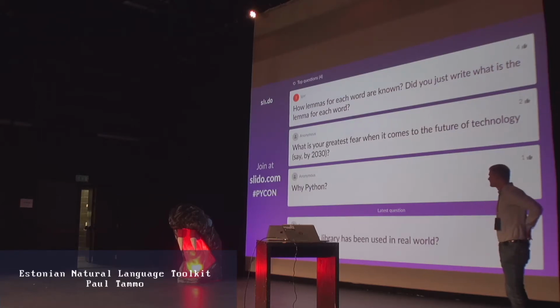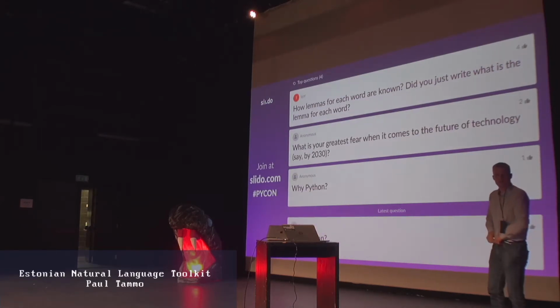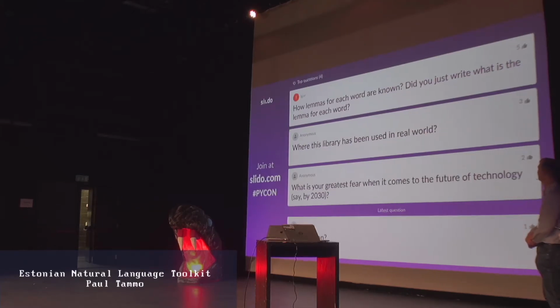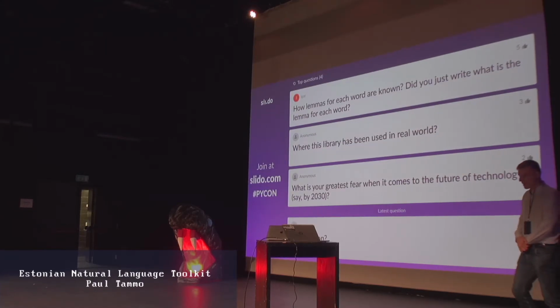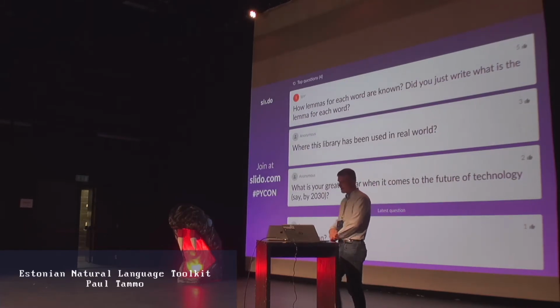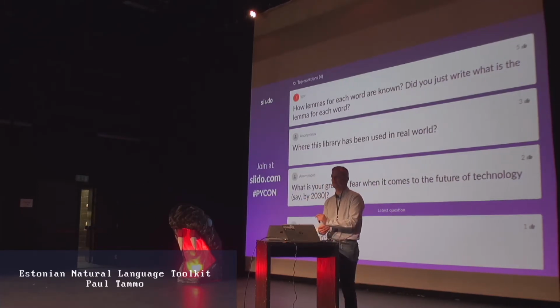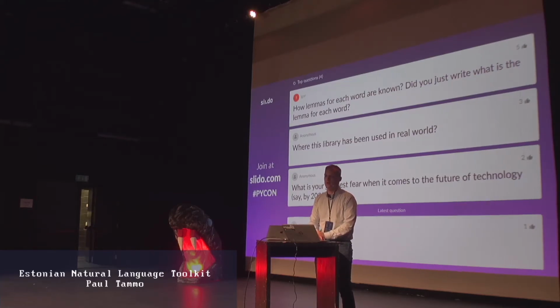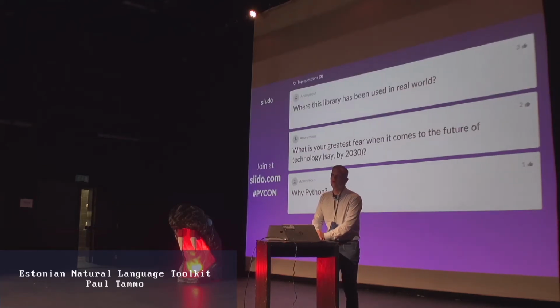Okay. Let's move to the next question. How lemmas for each word are known? Did you just write what is the lemma for each word? There is a component imported to the toolkit called vabamorph.